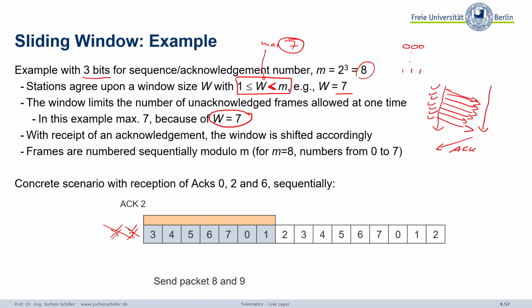Okay, so now I can send, and don't get confused, packet number 8 and packet number 9. So we start with packet 0 and so on, packet 8 and 9. So what does it mean? Well, packet 8 now has the sequence number 0 because we only have 3 bits for sequence numbers.